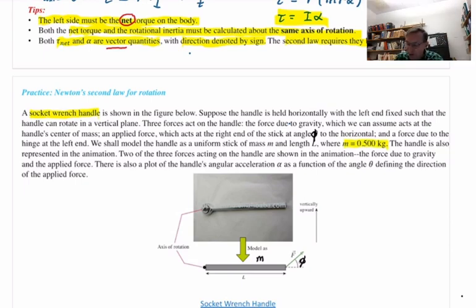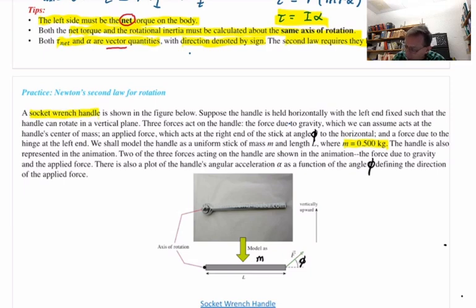That animation shows two of these three forces acting on the handle, F grav and the applied force. It also plots what the handle's angular acceleration alpha would be as a function of the angle phi of our applied force at that end.